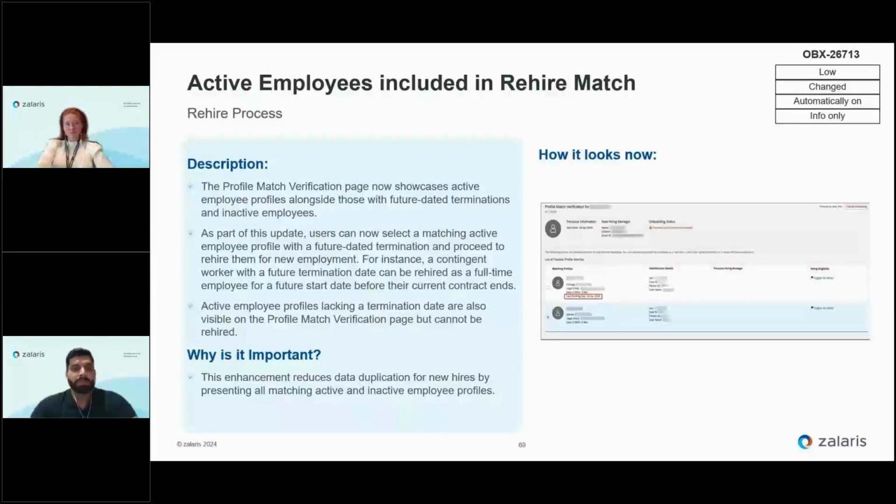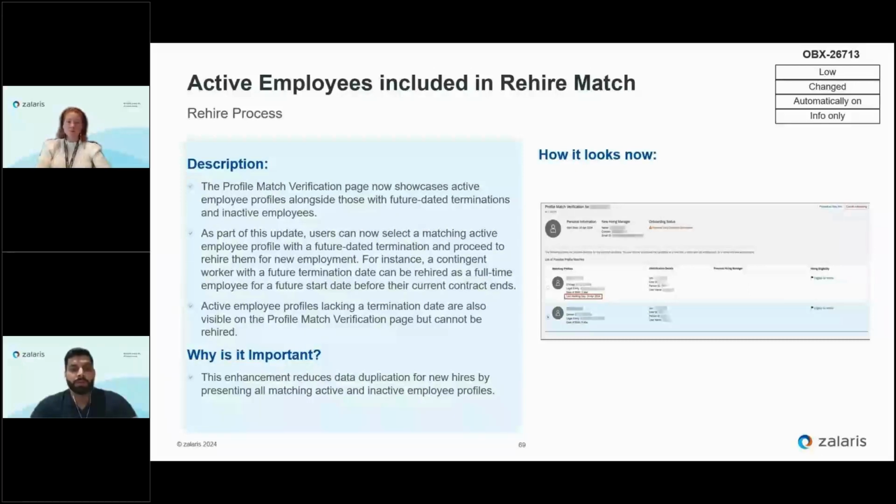So the next change is active employees are included in the rehire match. Earlier, only the terminated employees were included in the rehire match, but now the active employees are also included. So if there is a rehire that is coming from recruitment, the profile can match with the active employees as well, and with the future dated terminations as well.